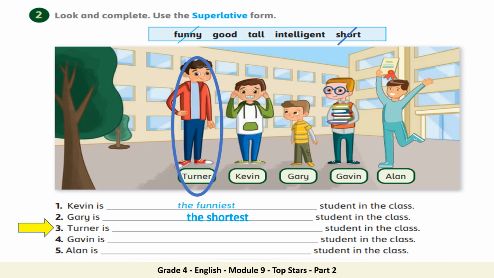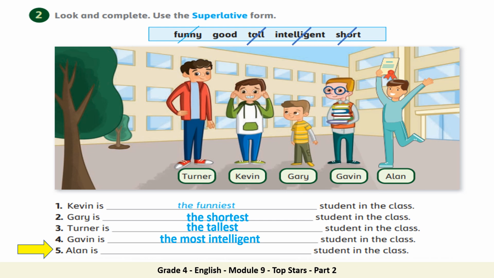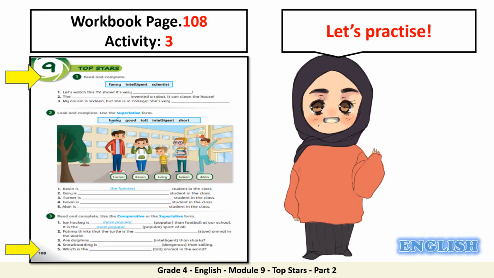Turner is the tallest student in the class. 4. Gavin is the most intelligent student in the class. Alan is the best student in the class. Great job! Let's practice again.